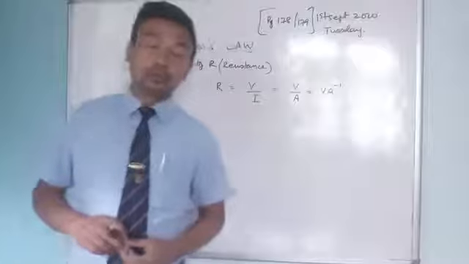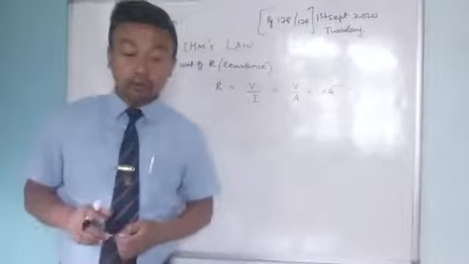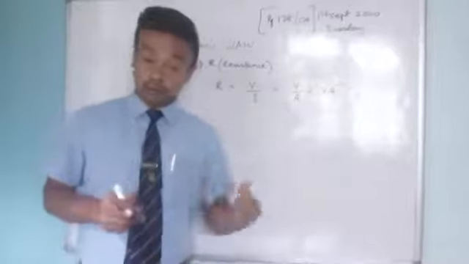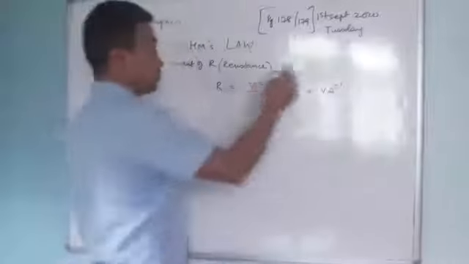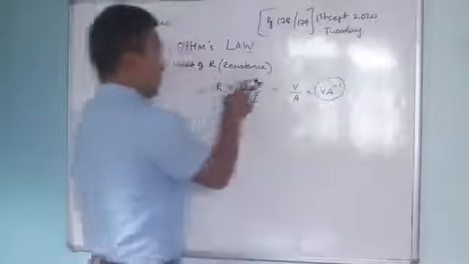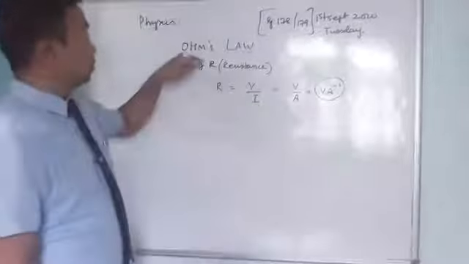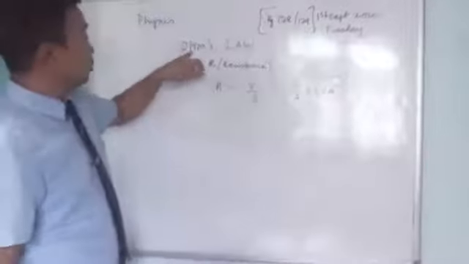SI unit of the resistance R, and it is also named after the scientist, in order to honor the scientist who had found this relationship, Georg Ohm. So you can also call it Ohm, O-H-M.